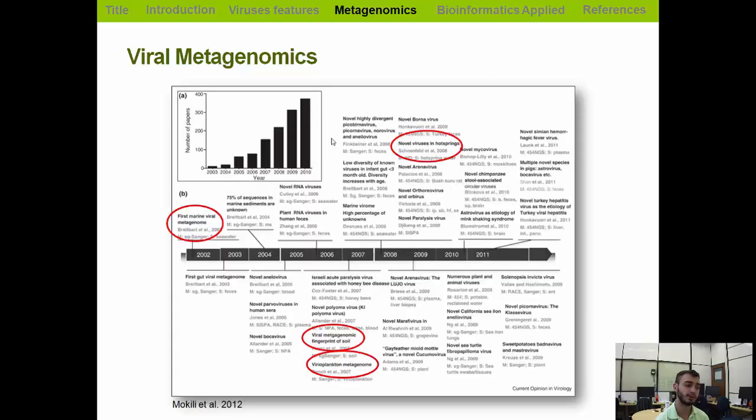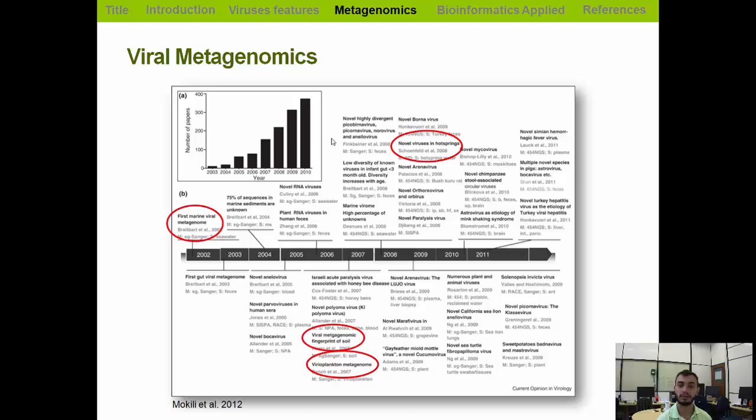And here I bring you a paper also published in Current Opinion in Virology. It was by Mokili in 2012, and it is an overview of the viral metagenomics works published since 2002, which was the first marine viral metagenome, and since then scientists are doing a lot of work.